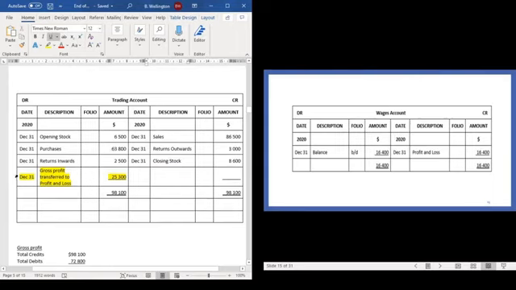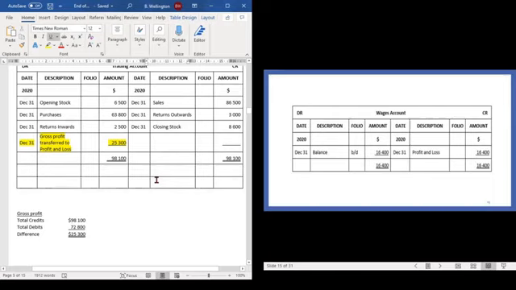Okay, so before we balanced it, we had these entries on the debit side: the opening stock, the purchases, and the returns inwards. And on the credit side, we had the sales, the returns outwards, and the closing stock. Now to balance the account, remember, you add up both sides, and when we added it, the total on the credit side was greater.